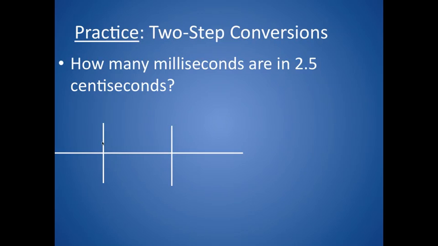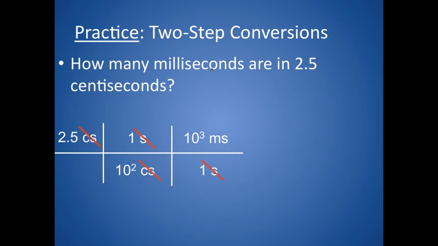So here we go. Start with the number in the problem, 2.5 centiseconds. Convert to seconds using this. Then convert from seconds to milliseconds. Dealing with the math, the numbers, because all the units are gone here except for the one we want, because it says how many milliseconds.